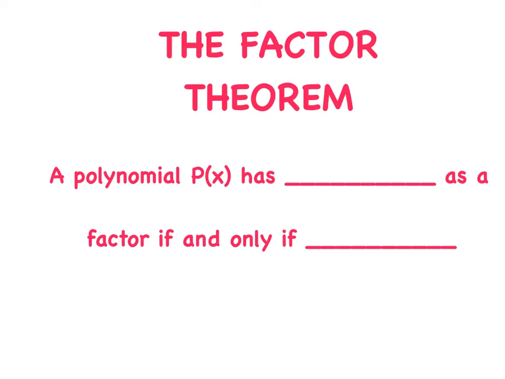Our definition says that a polynomial has x minus a as a factor if and only if p of a equals 0. And that could also tie into our remainder theorem.